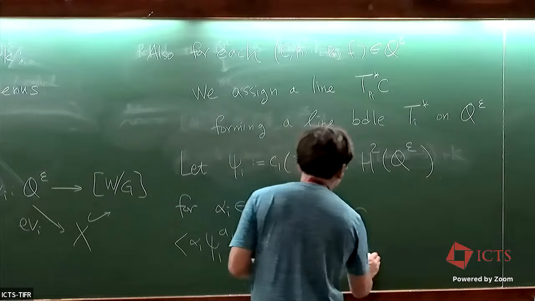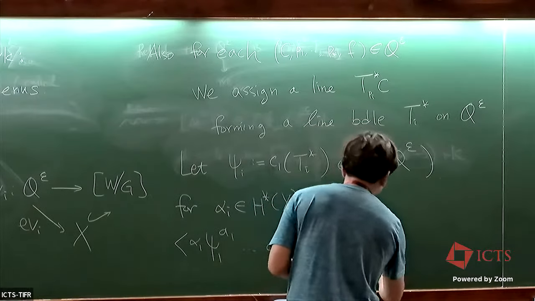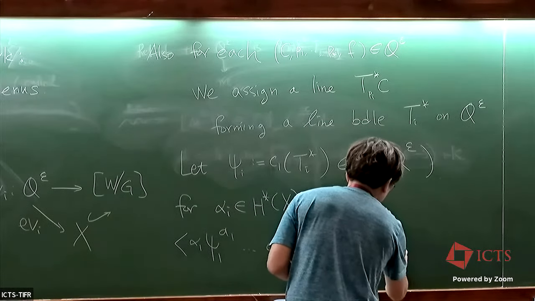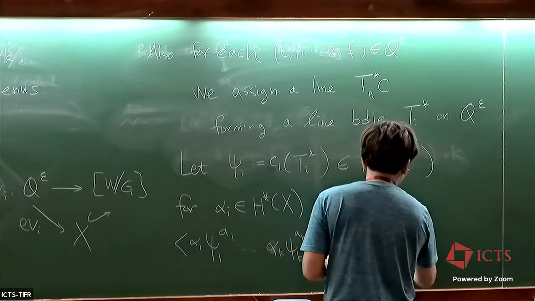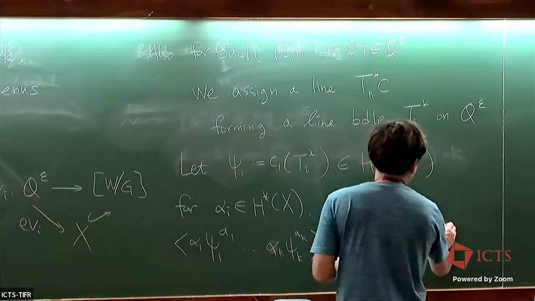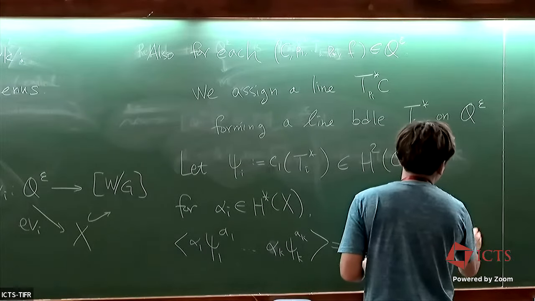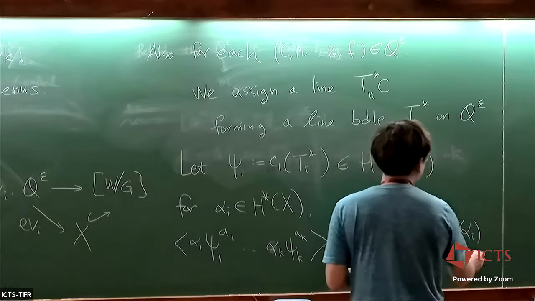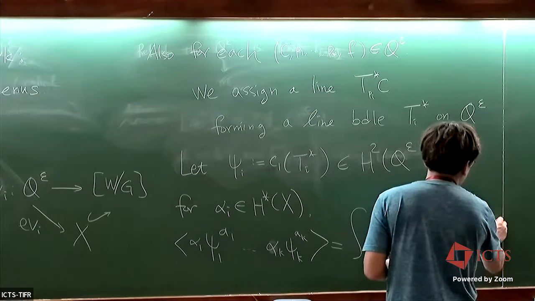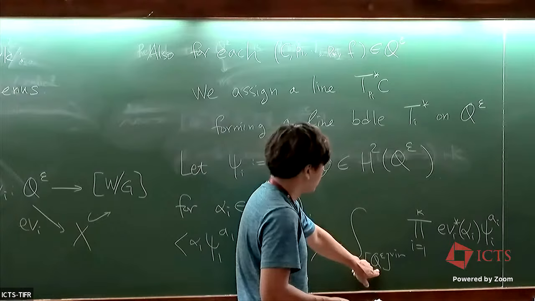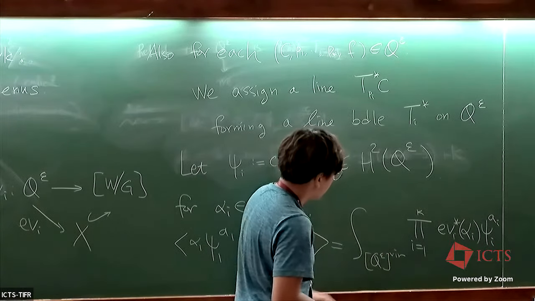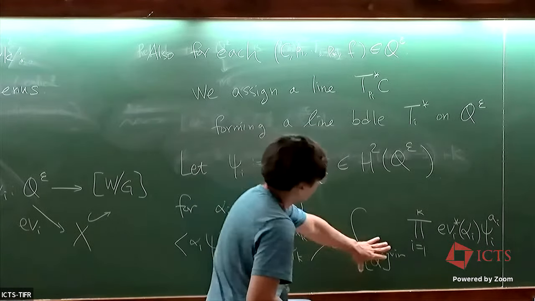This is integration over the virtual cycle we defined. We need the cup product of the pullback of cohomology classes alpha i and psi i. These are all cohomology classes on Q epsilon, so we can integrate over the virtual class.